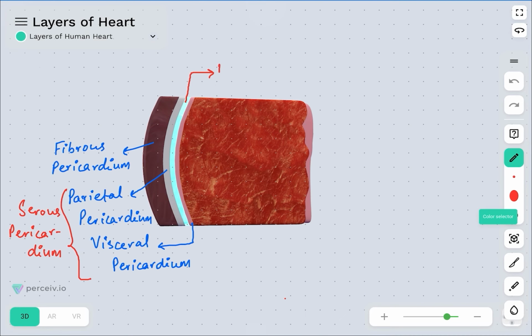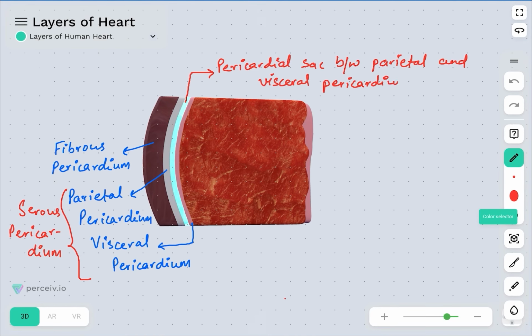So this is the pericardial sac between parietal and visceral pericardium.